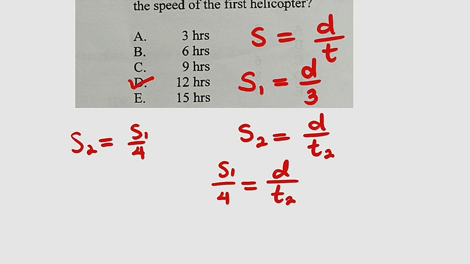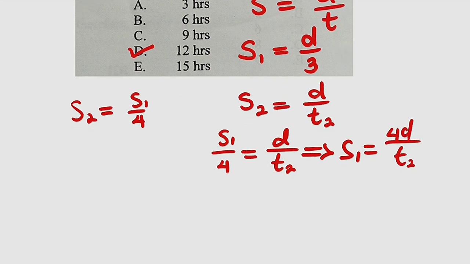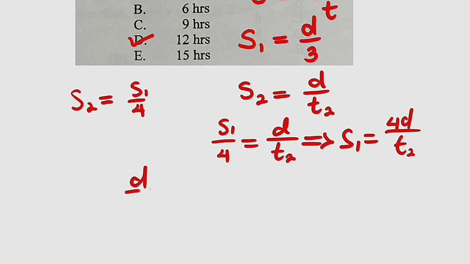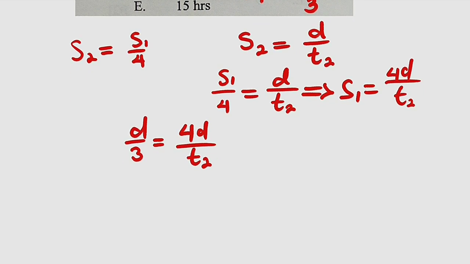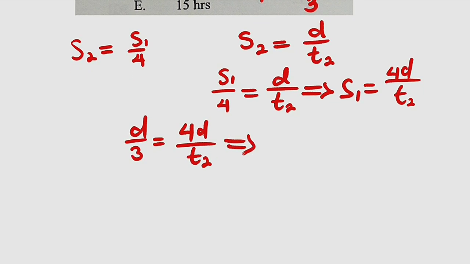And we can now multiply both sides by 4. This implies that S1 is equal to 4D divided by T2. Our main goal is to find this T2. So you can see that this equation and this equation are all expressed in terms of S1. So we can equate their right-hand sides. Therefore, D divided by 3 is equal to 4D divided by T2. And how do you make T2 the subject? I can take the reciprocal of both sides.